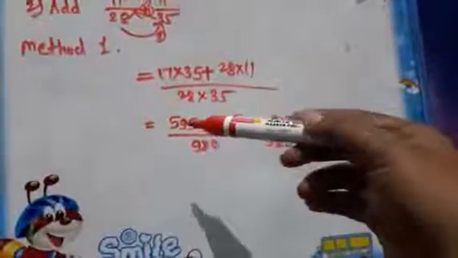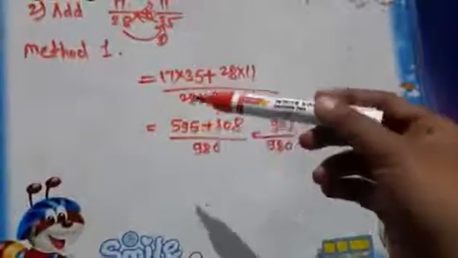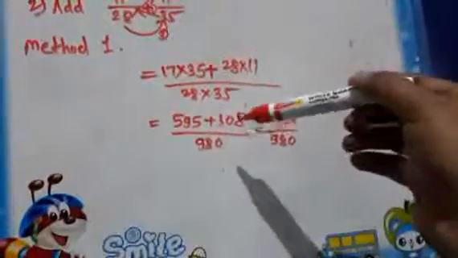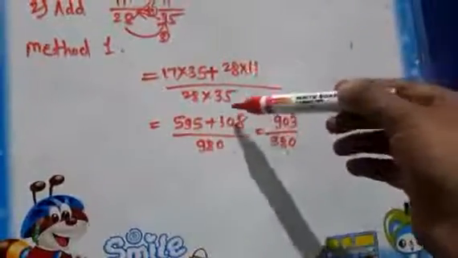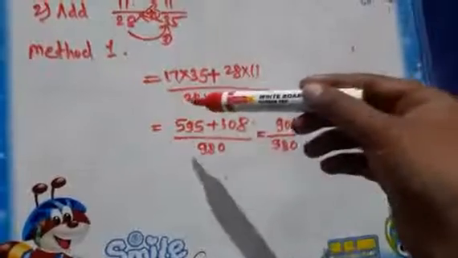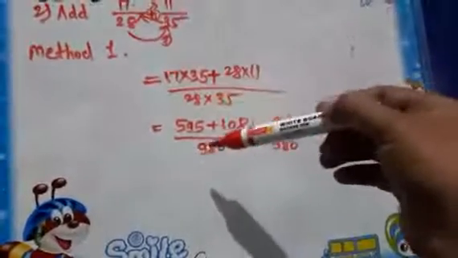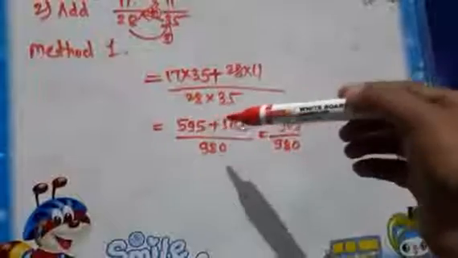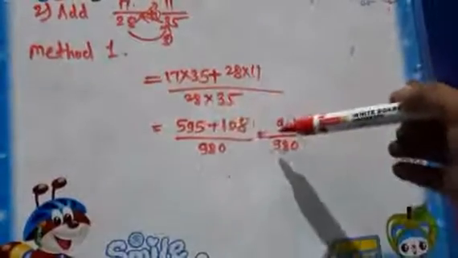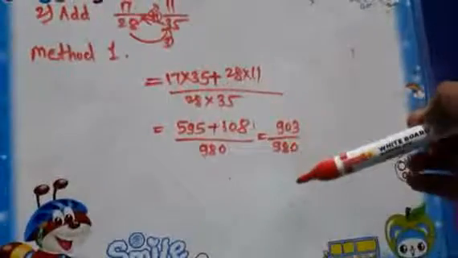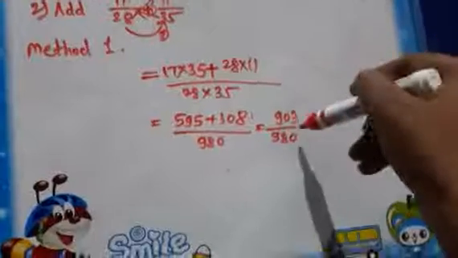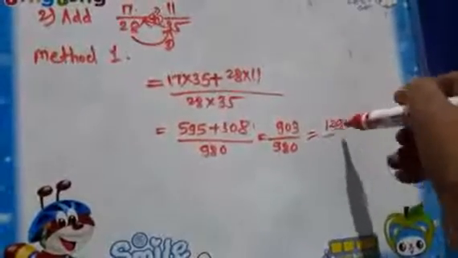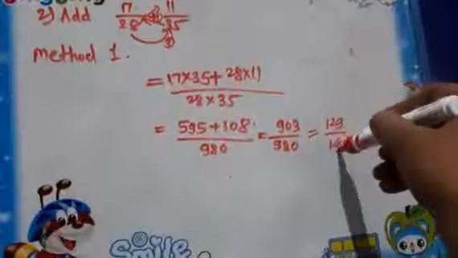So its answer will be 595, that is the multiplication of 17 and 35. Next is 28 into 11, it will be 308, and 28 into 35 is 980. Now the addition of these two numerators will be 903 divided by 980. Again if we simplify this, it will be 129 divided by 140.